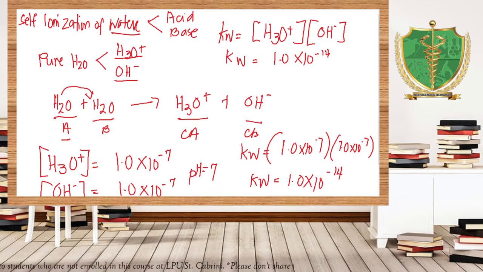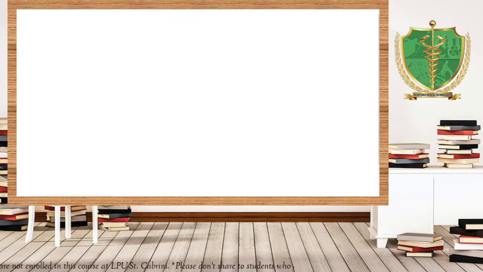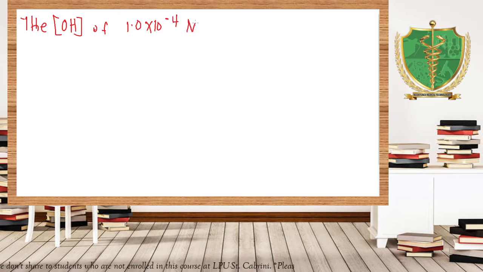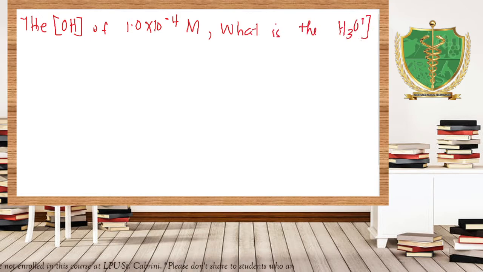Example: the OH concentration of a solution is 1.0 times 10 raised to negative 4 M. What is the hydronium ion?